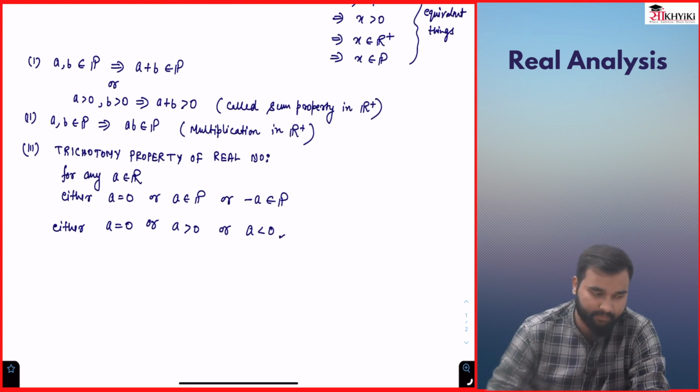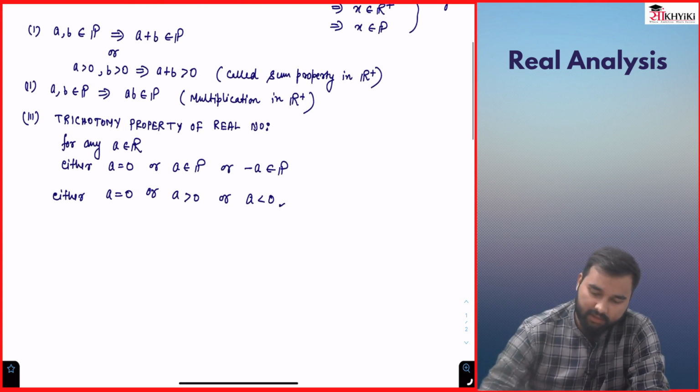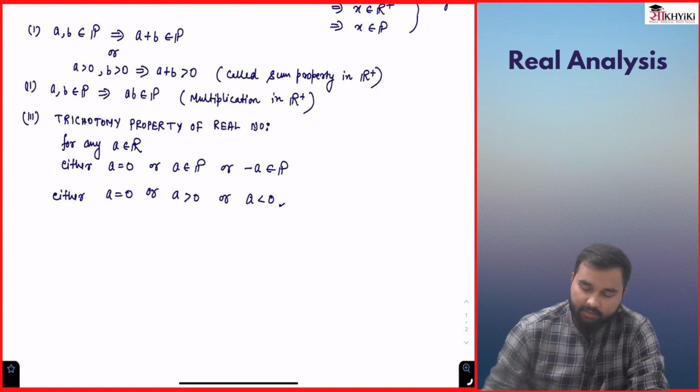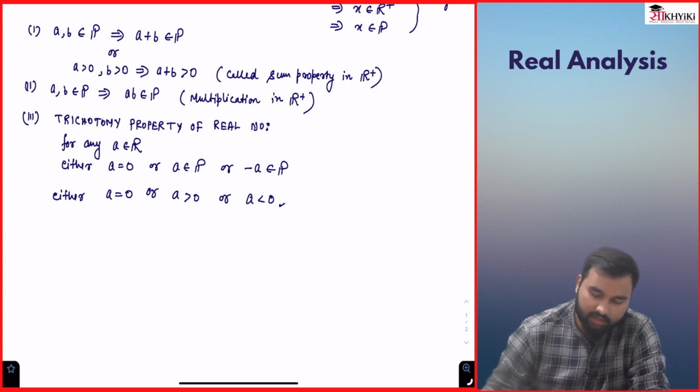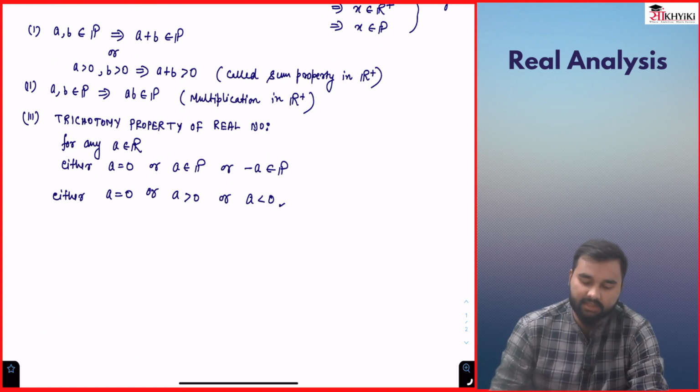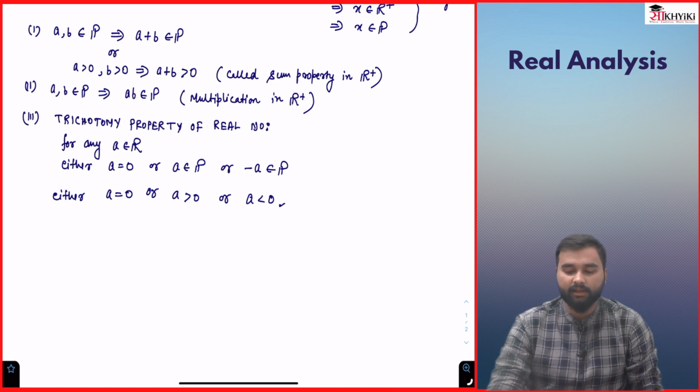Okay, so based on these results, let's move to a result which is called the trichotomy property for two real numbers. We have discussed the property about a single real number.